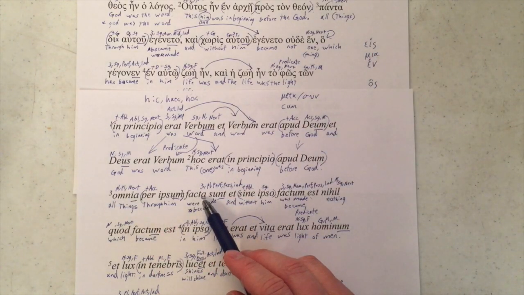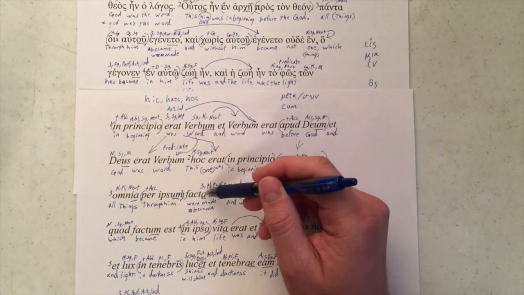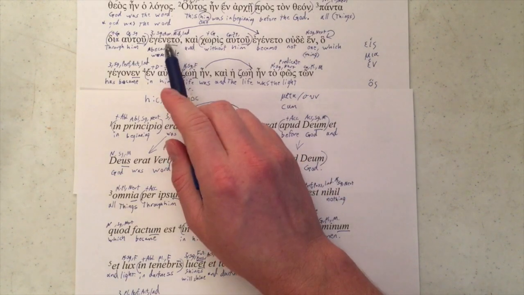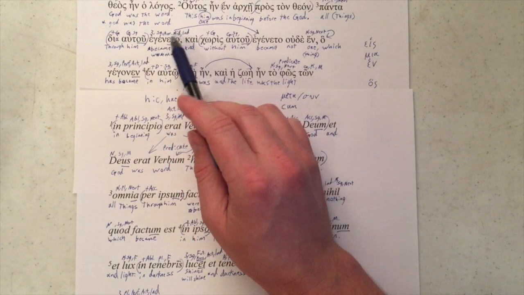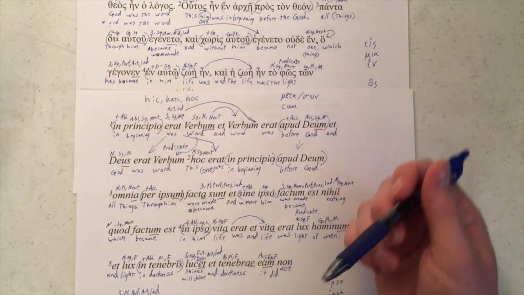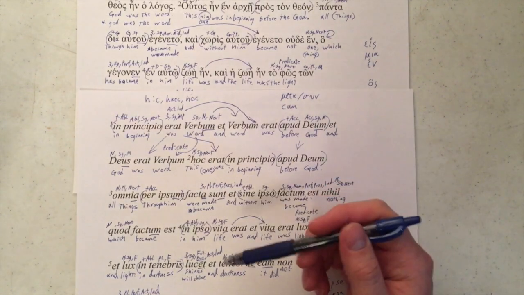Factus sunt is not aorist, as this one is, but then Latin doesn't have the aorist tense. This is a past completed action, and aorist here is also a past completed action. This is middle, so it gets a slightly different idea in the Greek than we can properly translate in English. And Latin, since there are a teeny number of words that can actually be in the middle voice, Jerome here couldn't really do that either.